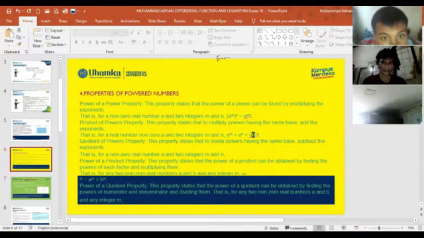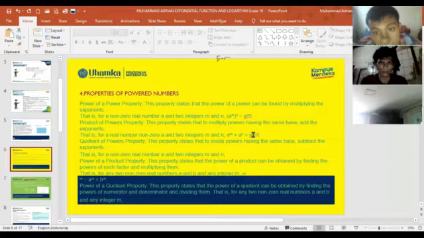This property states that a power of a power can be found by multiplying the exponents. That is, for a non-zero real number a and two integers m and n, (a power m) power n equals a power m multiplication n.